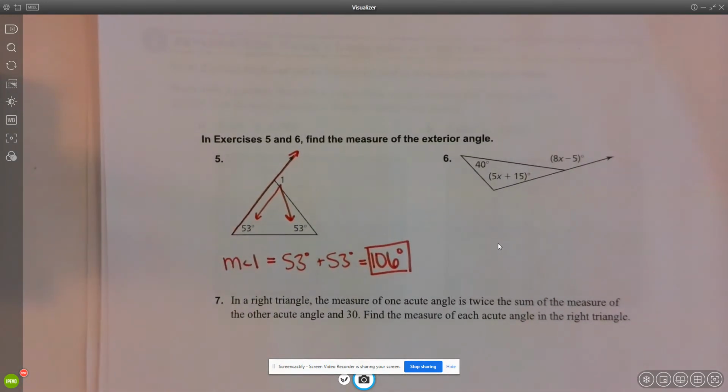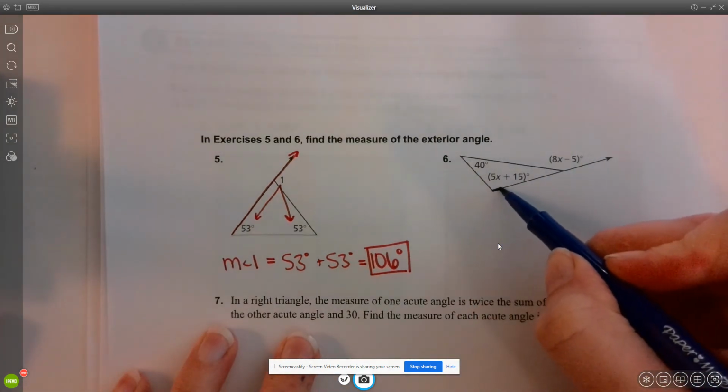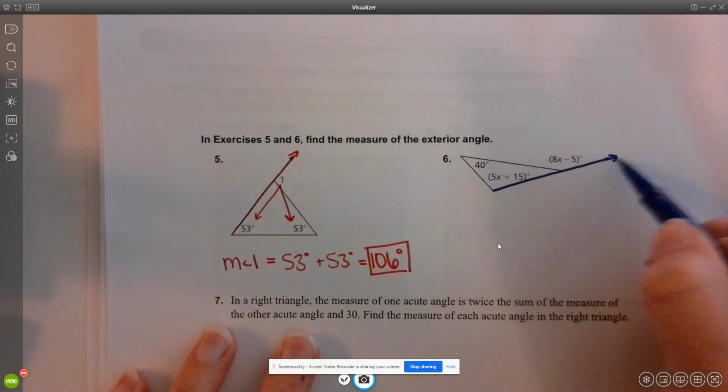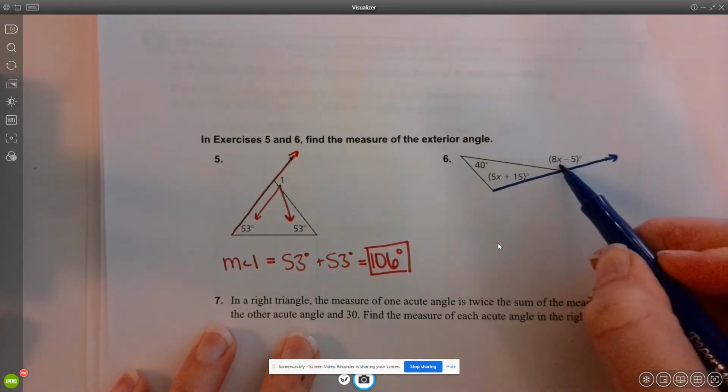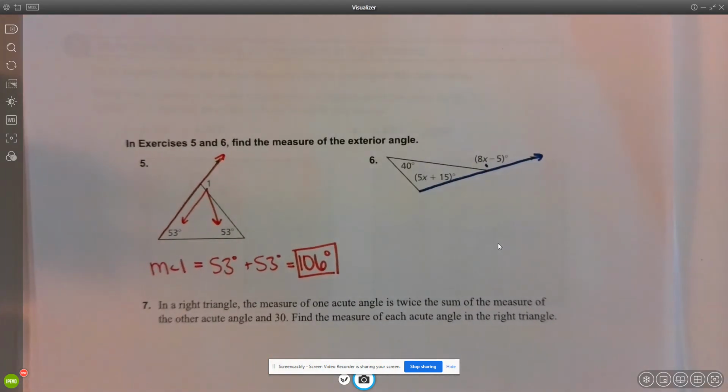Now, number 6, we have something similar, but this time I noticed some variables in here, so I'm probably going to have to set up an equation. So again, I have a triangle. I notice that there's an exterior angle being shown. This angle right here, 8x minus 5, is an exterior angle.